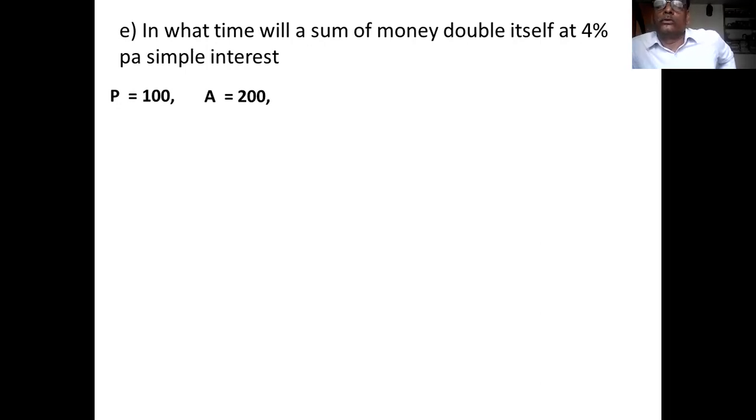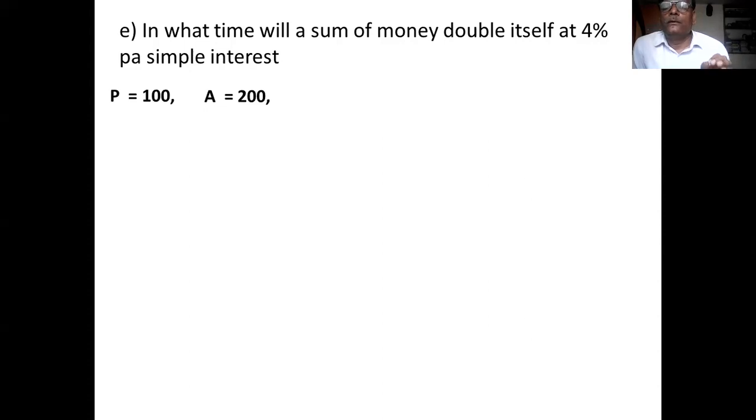Means what is the amount? 300. It becomes triple means 300. Suppose you deposit 100 rupees in a bank, it becomes 4 times. It becomes 4 times means what is the amount? 400. Okay.